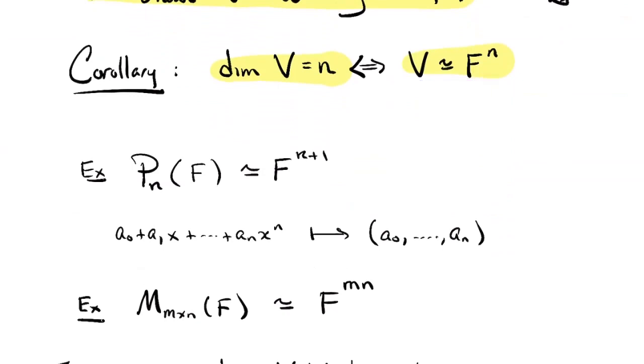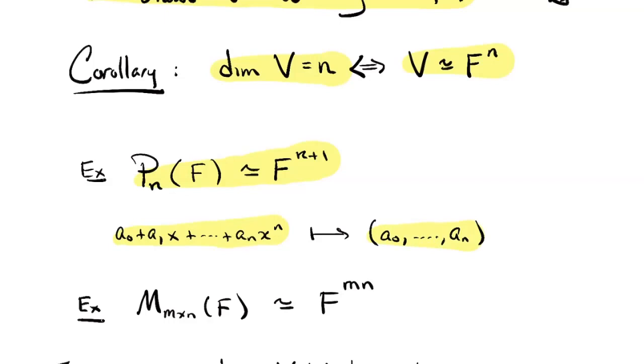So just to give you some examples, I would know that polynomials of degree less than or equal to n are isomorphic to the n plus one tuples, because those vector spaces both have dimension n plus one. And in an explicit isomorphism, you could take a polynomial, whose coefficients are called a0 through an, and just associate it to this n plus one tuple. We've talked about that before.